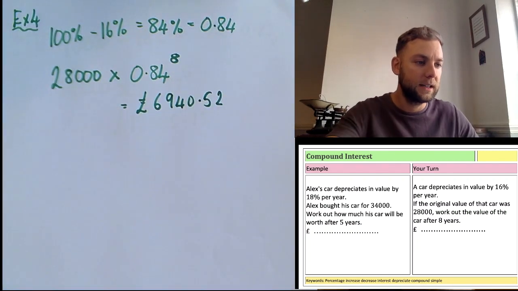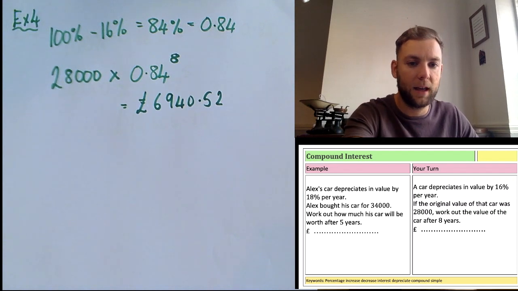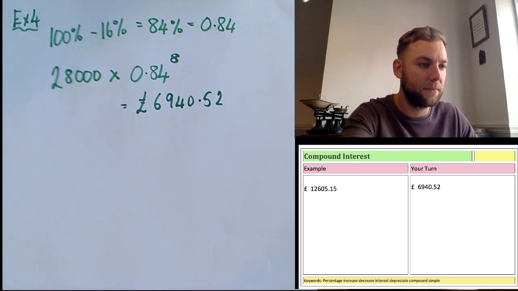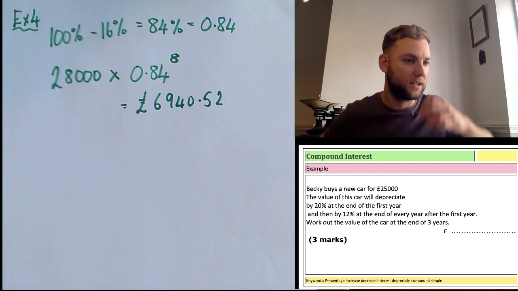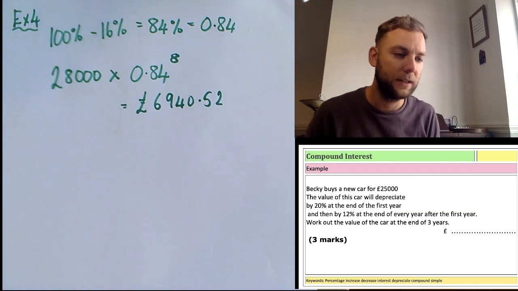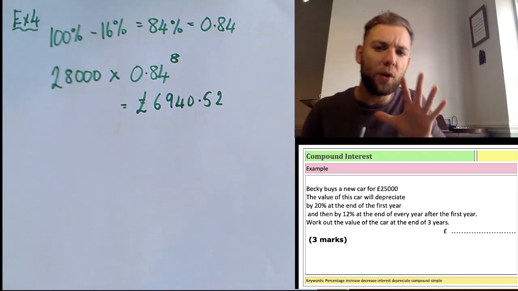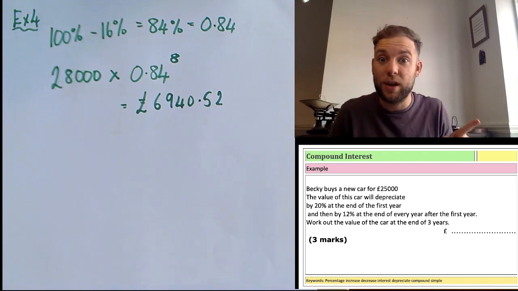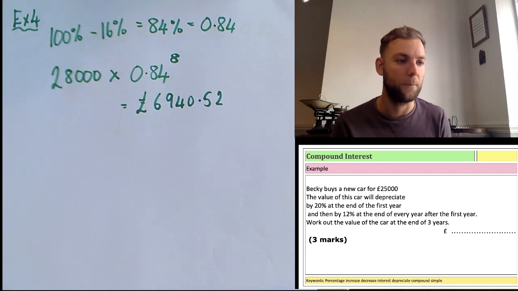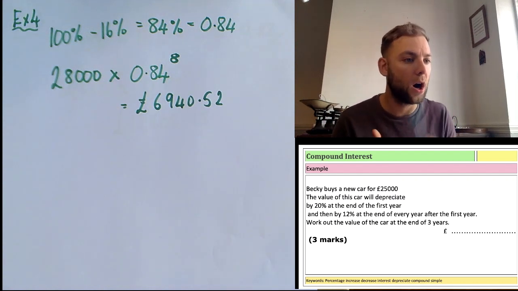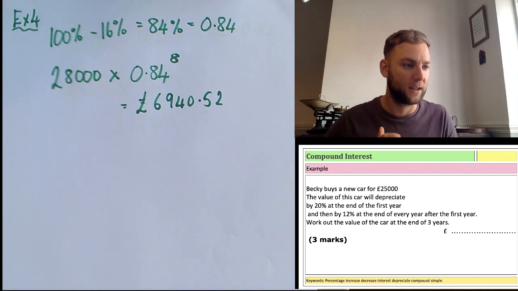All right. So we've looked at increasing. We've looked at depreciation. So we're now going to have a look at one of these questions. So this one here is a little bit tricky. Not that much trickier, but notice that it's 3 marks, which means this has come up in a past paper. It is in the higher paper, this one. So Becky buys a new car for £25,000.